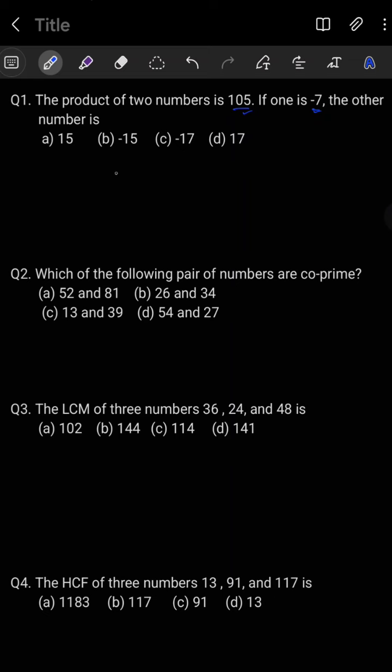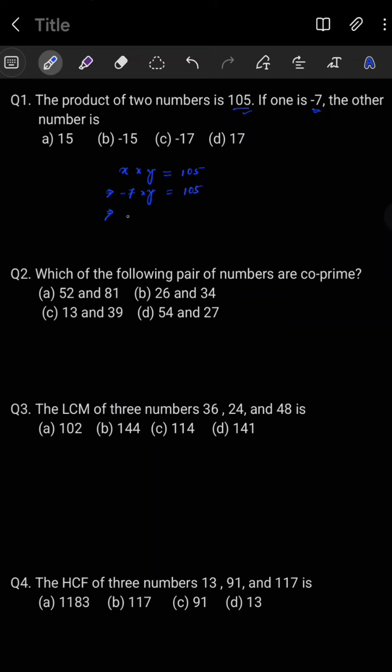तो सपोज दो नंबर क्या है? एक नंबर है आपका x और दूसरा नंबर है आपका y। ओके, सो इन दो नंबर को मल्टीप्लाई करने से क्वेश्चन में बोला गया है कि 105 मिलता है। और दो नंबर में से एक नंबर दे हैव गिवन हियर -7। ओके, देन x into y is equal to 105.